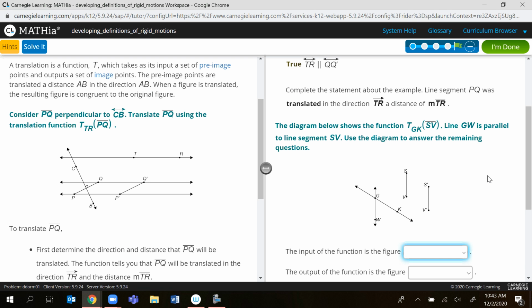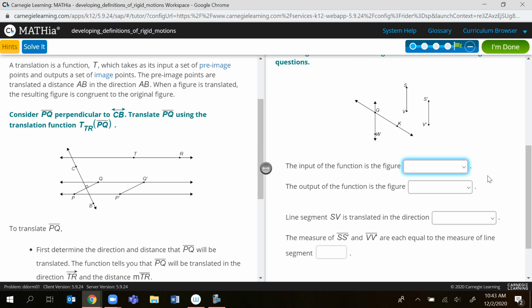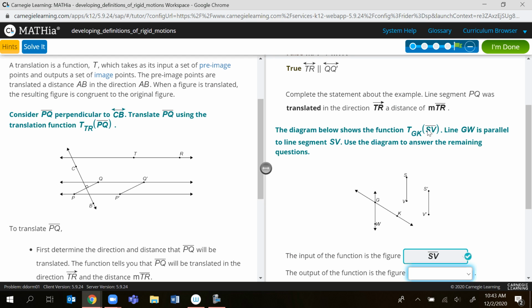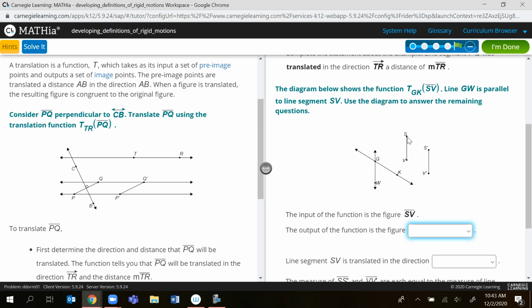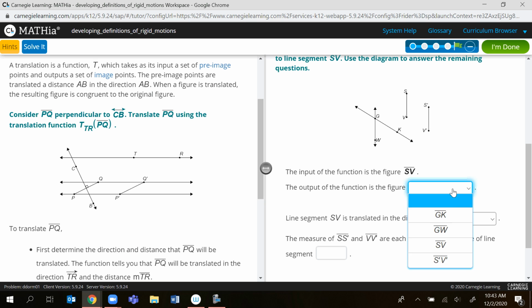So this is similar, but a new problem from our example. The input of the function is the figure SV. So that's where we're starting, right? That's our input, SV. The output of the function is the figure. So when we finish our translation, we are going to again end up with S prime V prime.